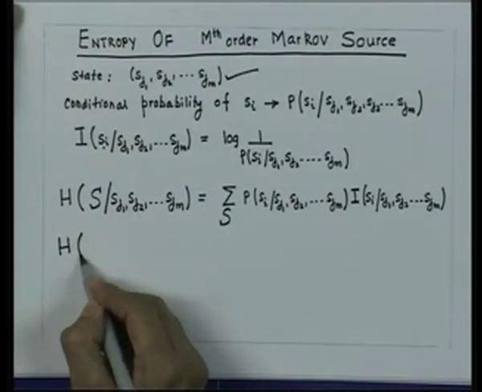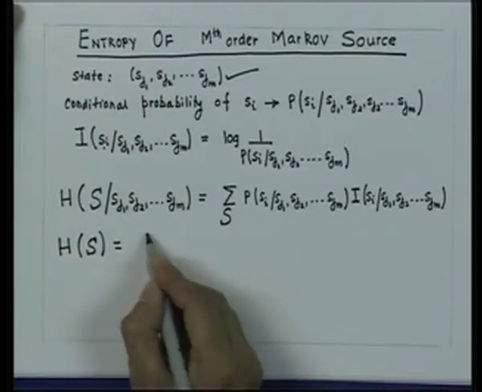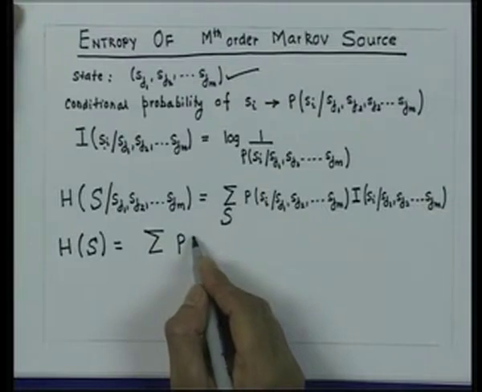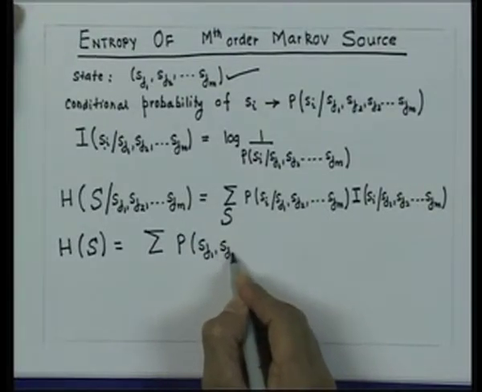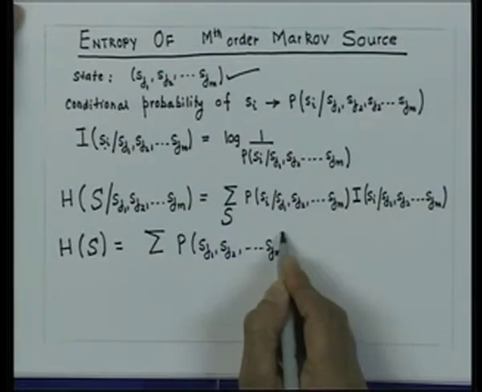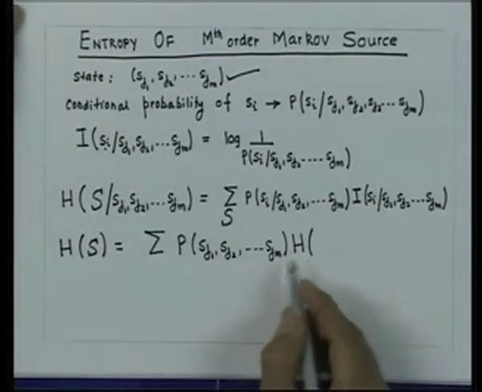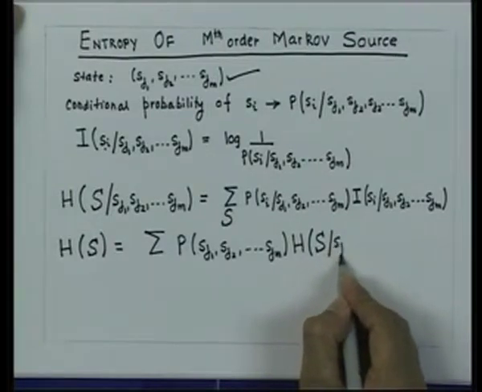So, the entropy of the source would be given by the probability of being in a particular state, that is given by this, multiplied by the average information that I get when I am in that state.